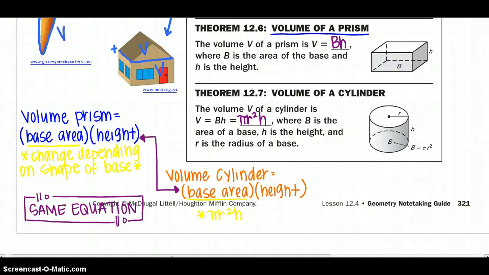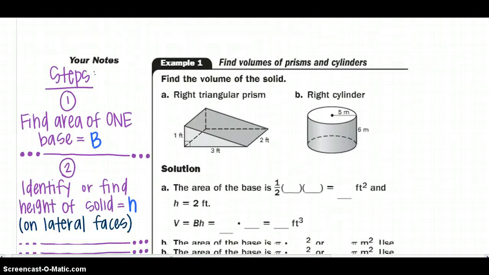If you notice, they're the same equation, but the shape of the base will determine what area formula you use. That is what is going to change. And remember, the height is the height from base to base.